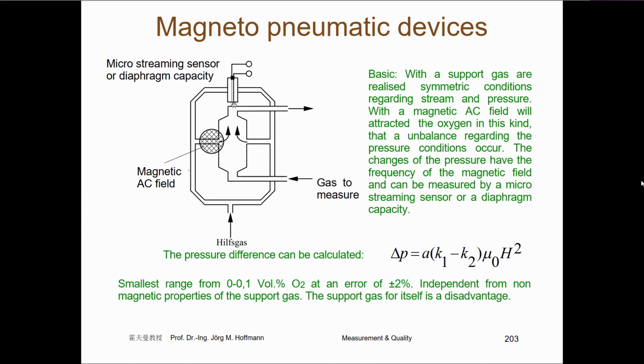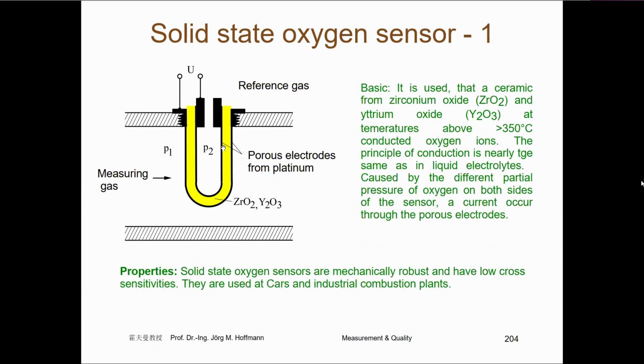And here you have a capacity which changes when you get a pressure difference from left to right. But the principle is again to attract the oxygen by a magnet. That's the same.